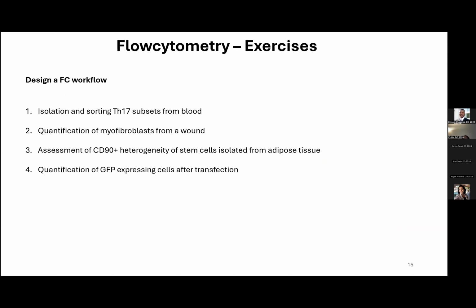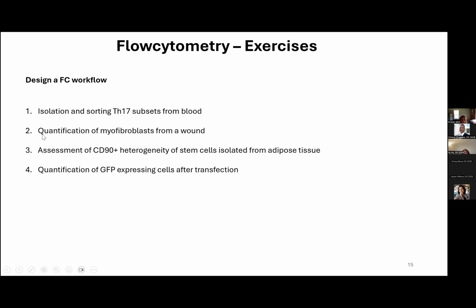I can give you some exercises if you want to try. Anybody can volunteer. Here we have 4 different problems to be identified. Our first task would be isolation and sorting of the Th17 subset from blood.